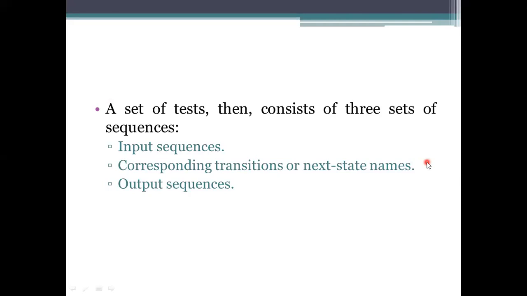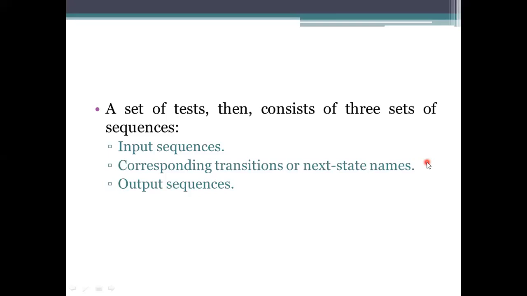The two things we need to consider in state testing are: define a set of covering input sequences, and if possible, these input sequences have to get back to the initial state. If we are considering a process or a recovery system, it has to reach the initial state, though not all the time.